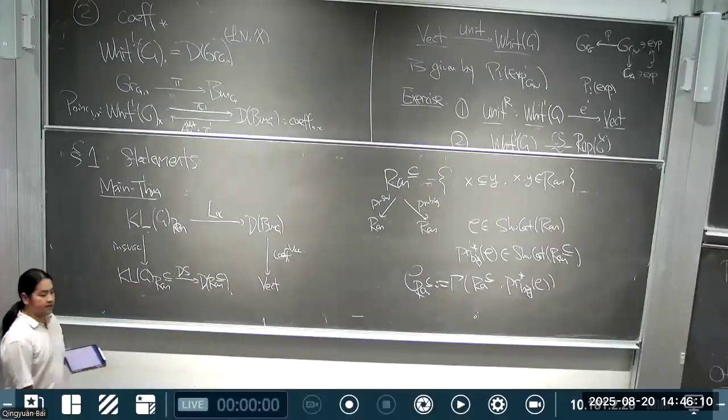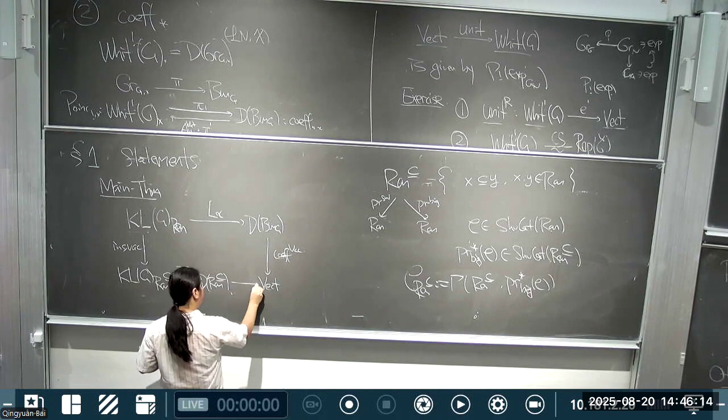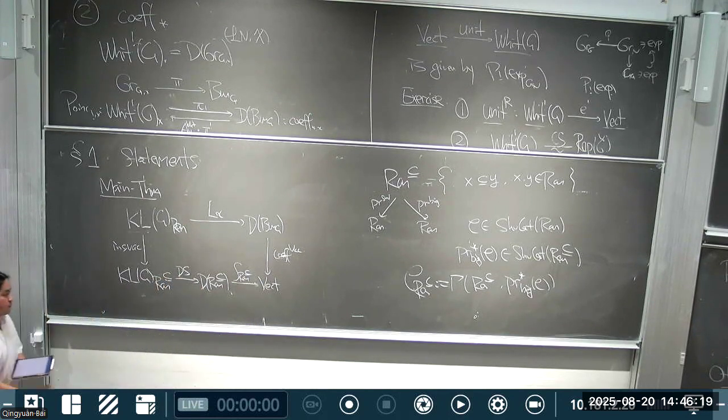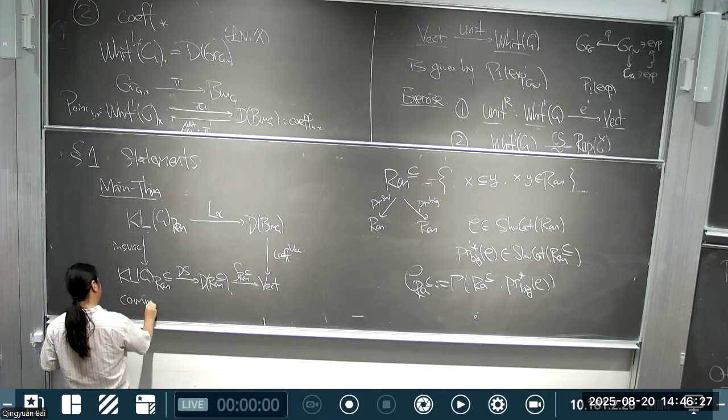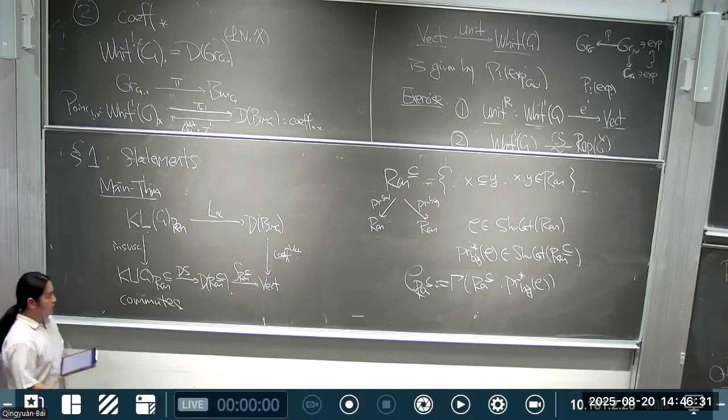But it lands in D-modules on this Ran subset. And the last step is to do integration on this space, in other words, taking homology. And the claim is this diagram commutes. This is the statement of our main theorem.